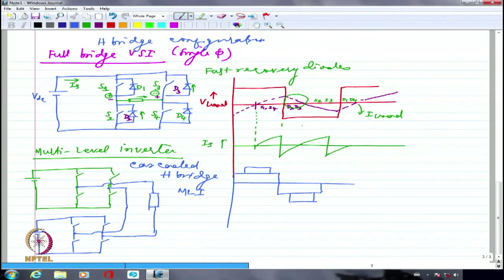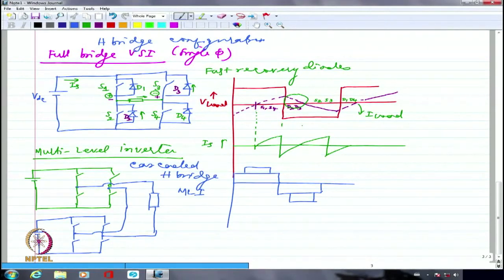One more thing is that each of these switches need to be rated only for VDC, not 2 VDC. Each of these switches need to be rated only for VDC. There is nothing like you have to rate them for a higher voltage. So that way it becomes much more comfortable to construct smaller units and then put them together, right?